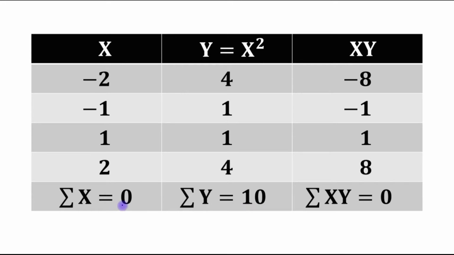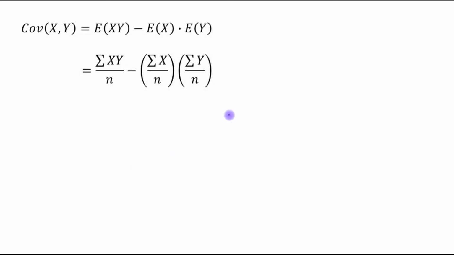And the number of observations, that is n, is 4. So in the next step we can write it as 0 upon 4 minus 0 upon 4 times 10 upon 4. So the final value of covariance is 0.